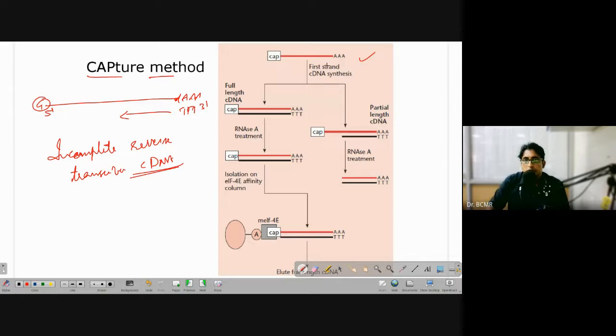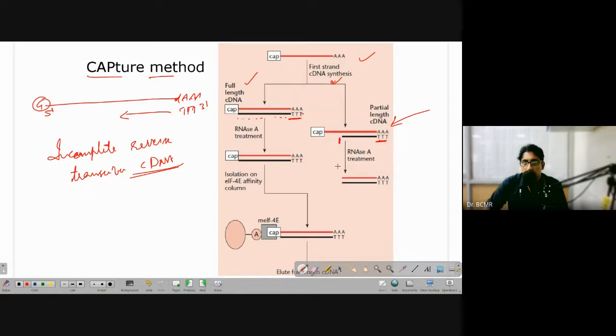So here is the mRNA. We will synthesize the first cDNA strand as usual. We can use oligo dT and synthesize. In this scenario, on this side, we assume that the reverse transcriptase is able to synthesize until the end, complete synthesis. Whereas on this side, there is incomplete reverse transcription of the mRNA.